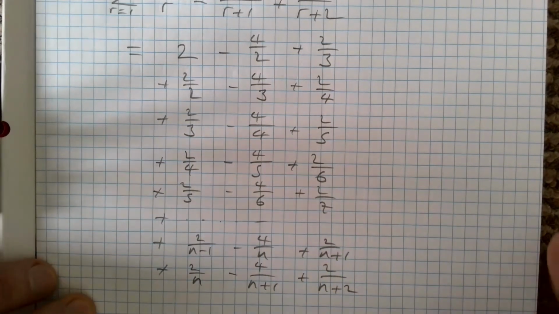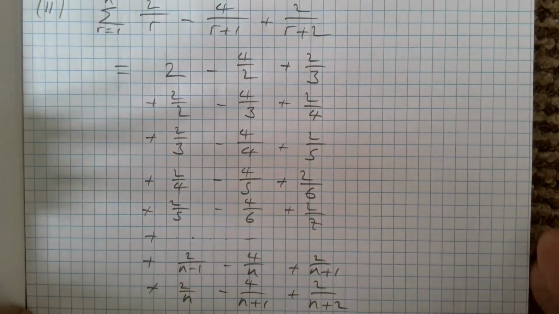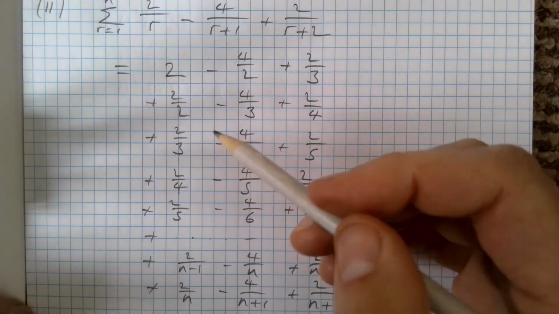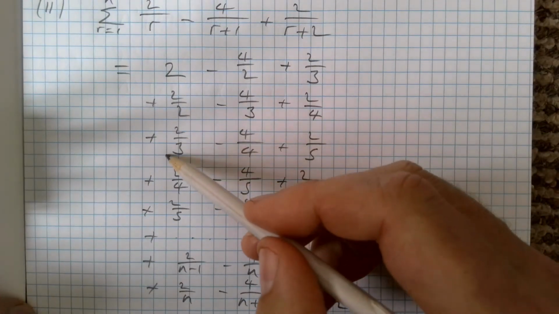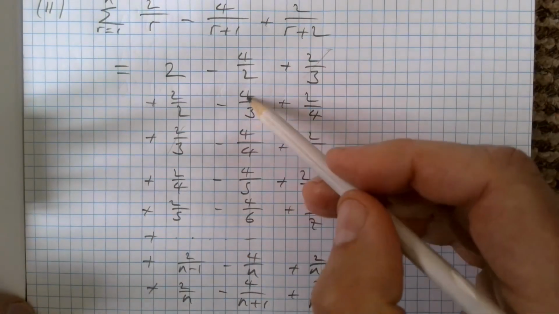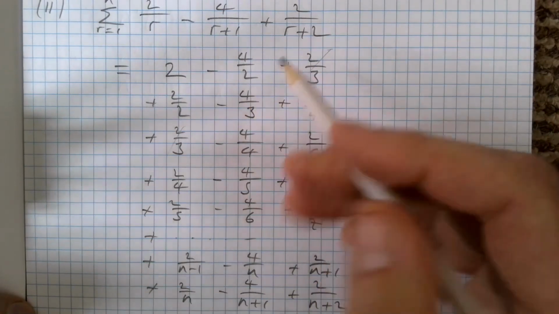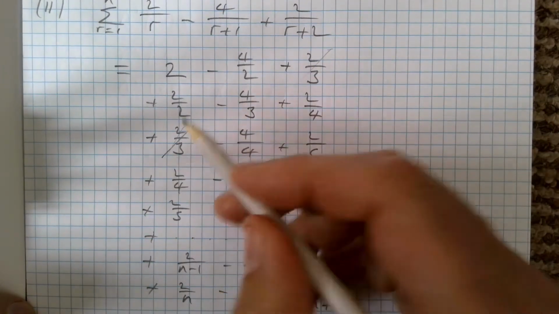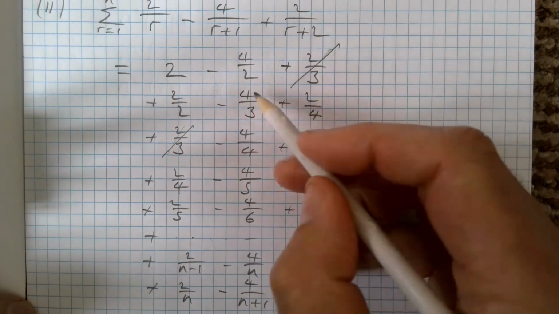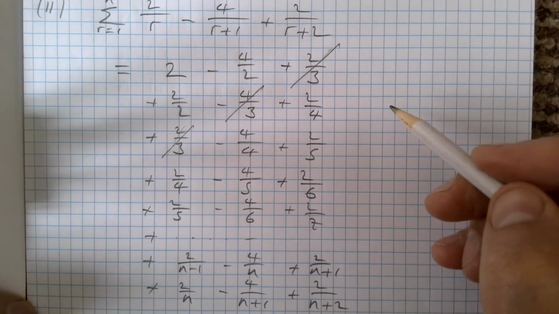So now I need some sort of Houdini move to see if I can get something to cancel here. And what we're looking for is to see what's going to cancel. So here it is. Are you ready? 2/3 and 2/3 cancels out with minus 4/3, and that gets our pattern going. So 2/3 plus 2/3 gives me 4/3. That cancels out with that. Do you see how that's all going to cancel out now?